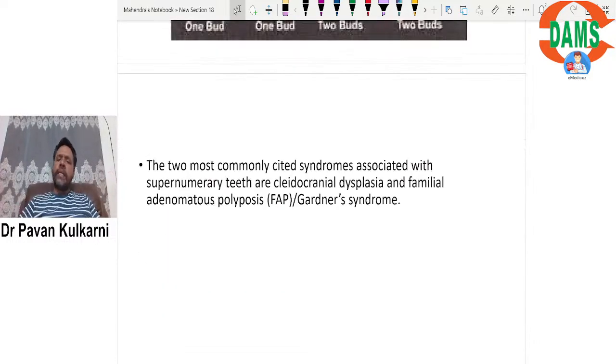Now here I want you to remember two important syndromes associated with supernumerary teeth. All of us know supernumerary teeth, right? Extra teeth. So here there was a question, and we can expect a question like this. One is cleidocranial dysplasia, which all of us know is associated with supernumerary teeth. And one more important syndrome is Gardner syndrome or FAP syndrome.